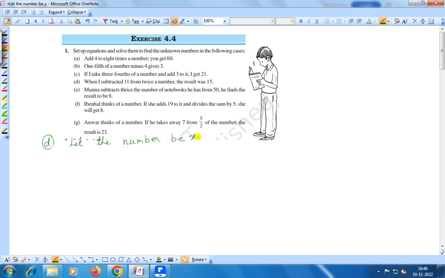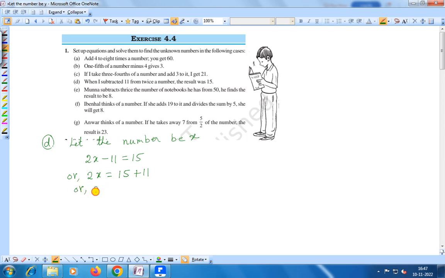Therefore, according to the question, when I subtract 11 from twice a number, twice means 2x, 2x minus 11, the result is 15. Or you can say that 2x minus 11 is equal to 15. If we transpose 11 on the right hand side, it will be plus 11.